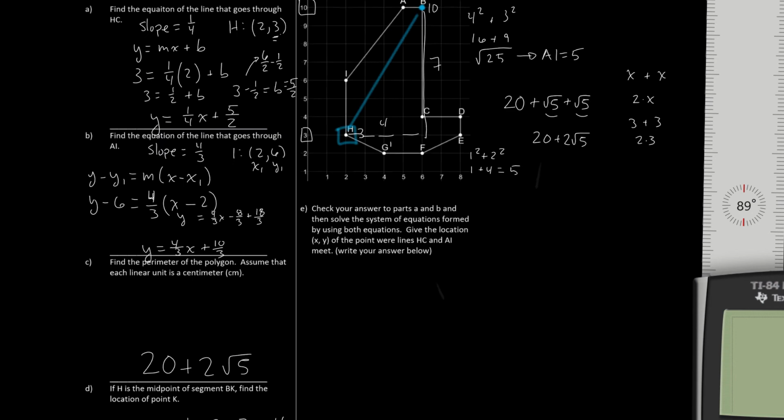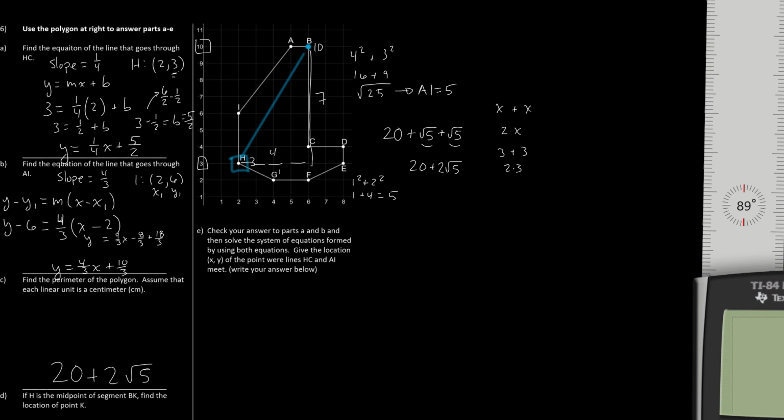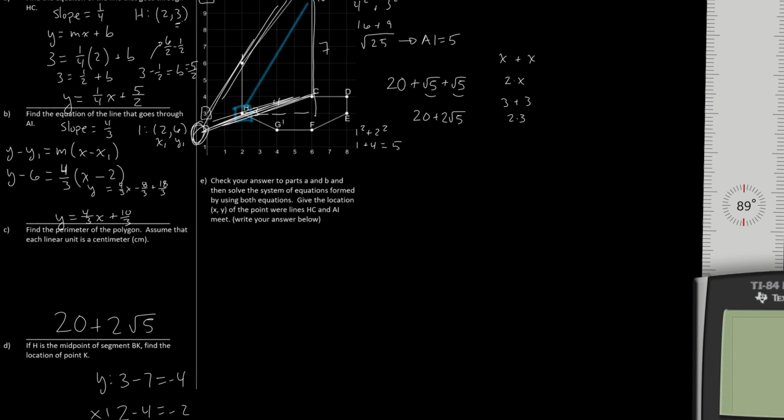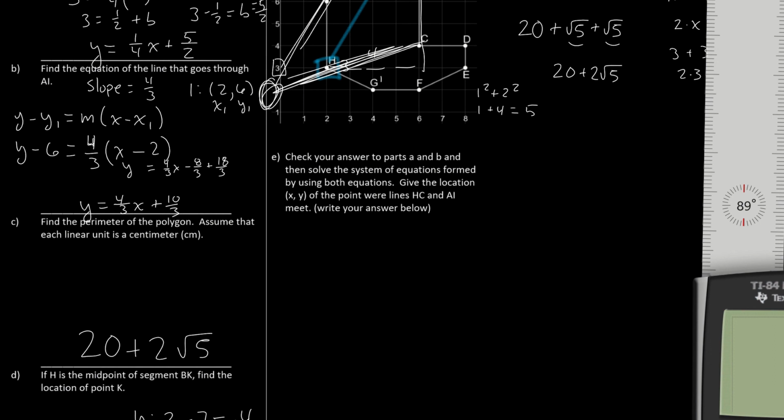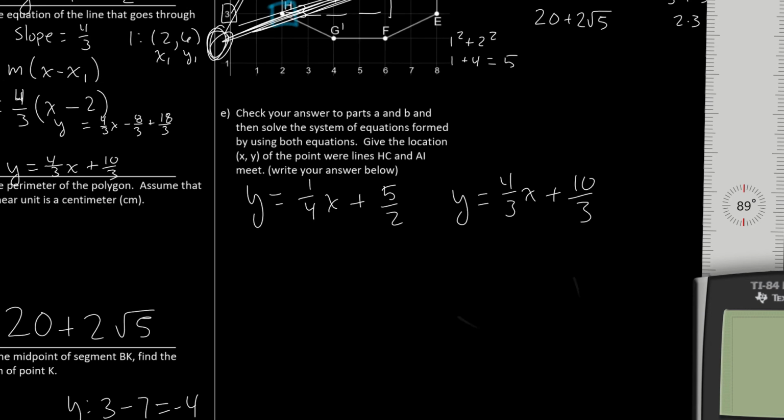Write your answer below. If you're looking at the original drawing we had for HC and here's AI, they're clearly meeting somewhere over in here. So this problem is asking us to figure out where they meet. If I look at these two equations, one of them said y is equal to 1/4 x plus 5/2, and that was line HC. And the other one was y is equal to 4/3 x plus 10/3, and that's line AI.